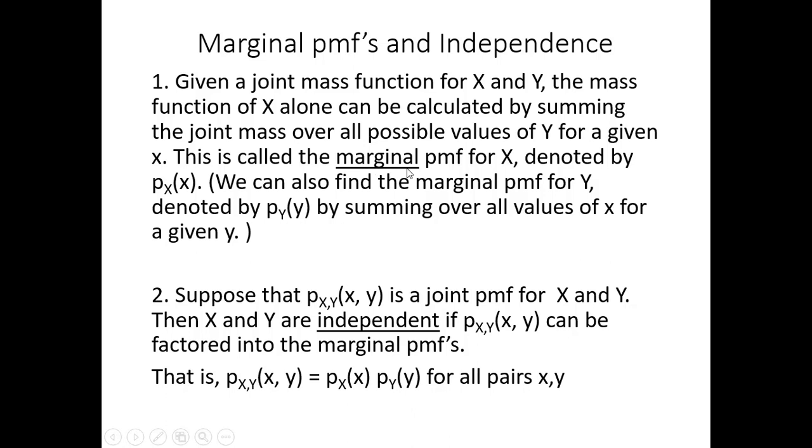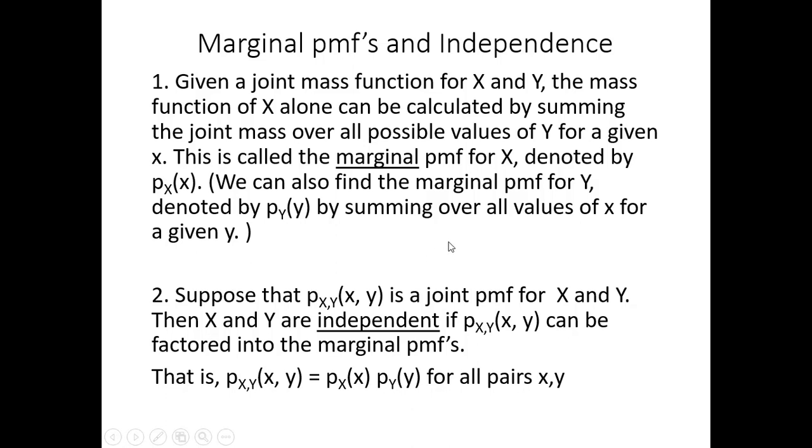This is called the marginal PMF for x and is denoted by p sub x of x, right? And of course, in a symmetric way, we can also find the marginal PMF for y, denoted p sub y of y, by summing over all values of x for a given y.